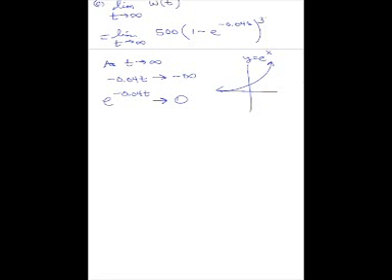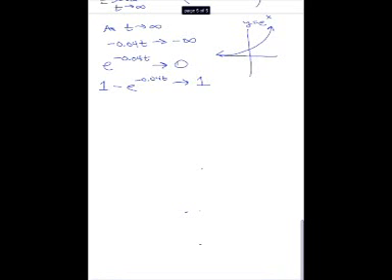Then the next piece is 1 minus e to the negative 0.04t. Well, if e to the negative 0.04t is going to 0, 1 minus that must be going to 1. Then we are going to cube that.